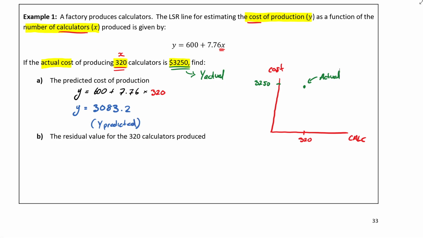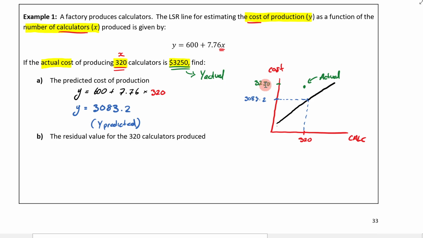So we've got our least square regression line, which is given to us. Here it is right here. And to find the predicted, we have substituted in 320. And what we've gotten out is 3083.2. So you can see that the predicted one is less than the actual one.